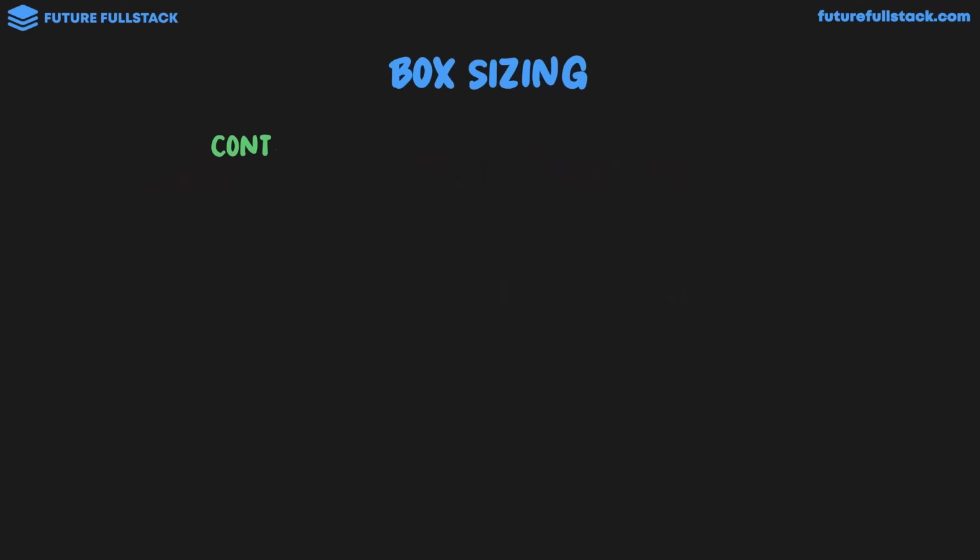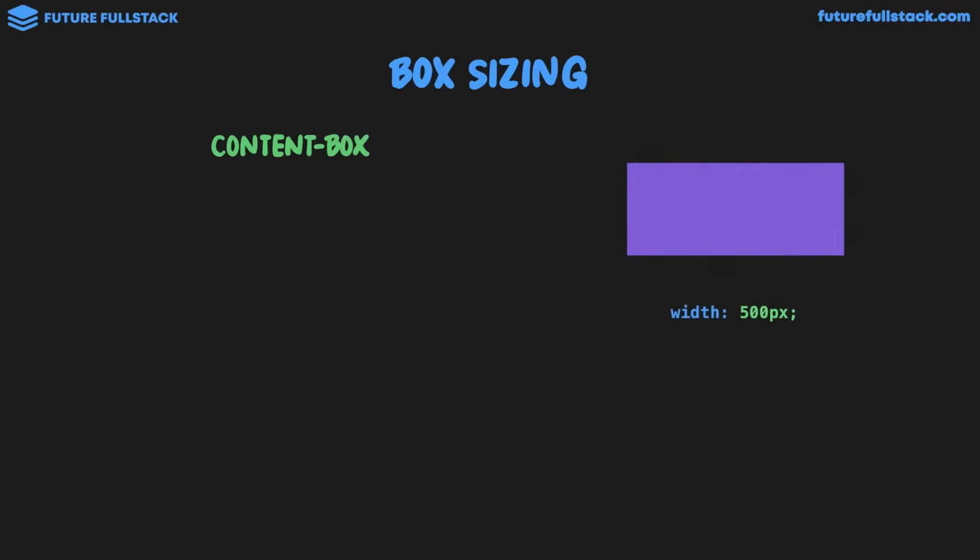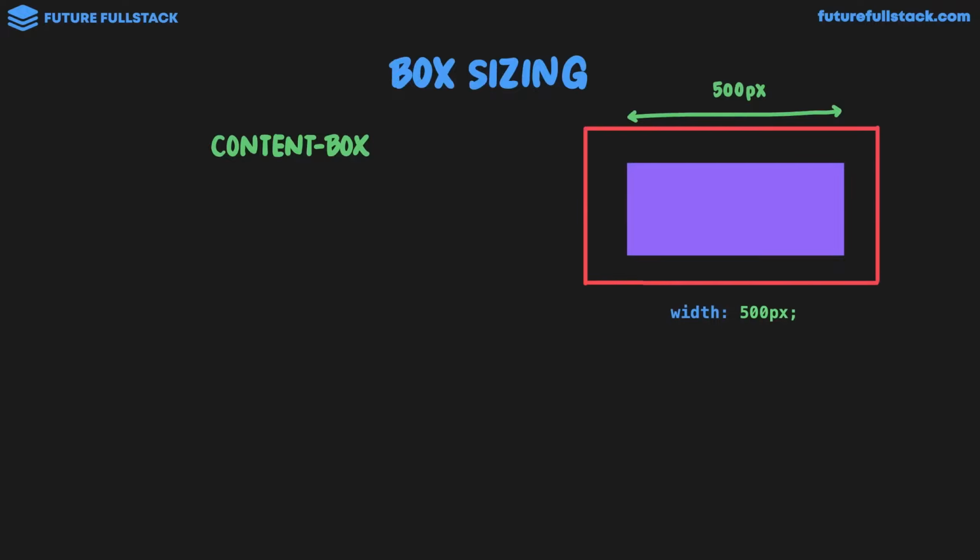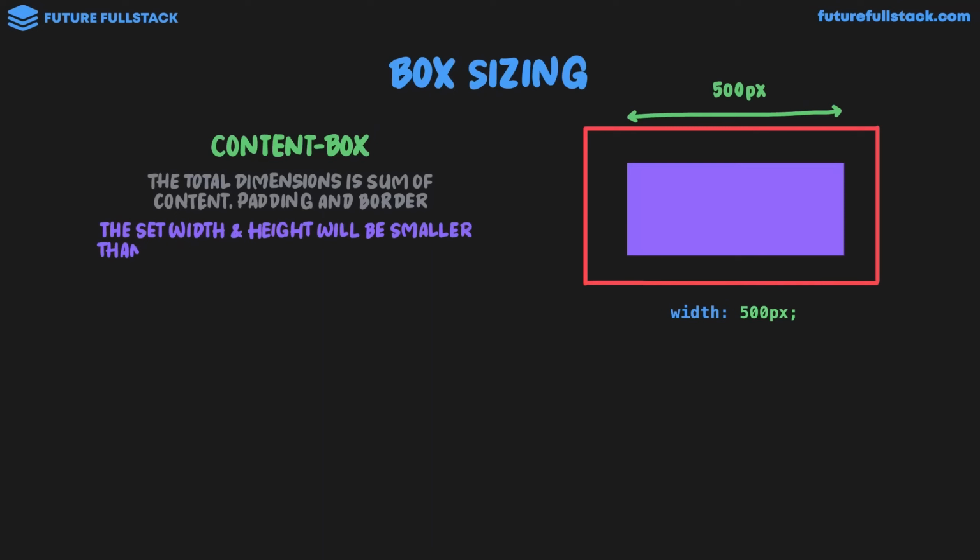We'll start with content-box, which is the default value, and is the behavior we've seen so far. If we set a width of 500 pixels, it means that the width of the content will be 500 pixels, and any padding and border is added on top of this. So the total dimensions is the sum of content, padding, and border. In this case, the set width and height will be smaller than the total width and height of the box.